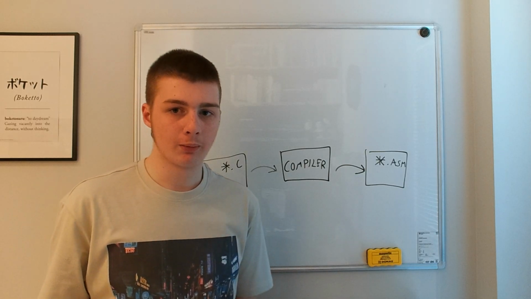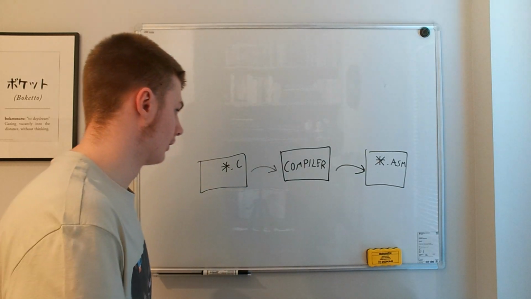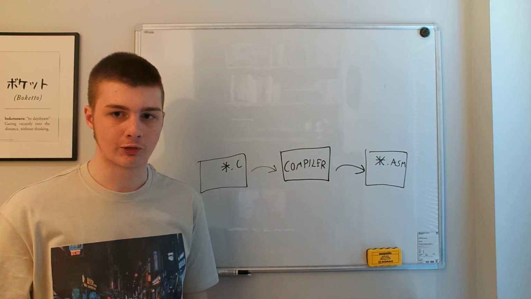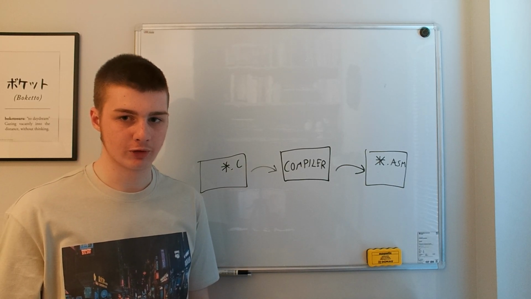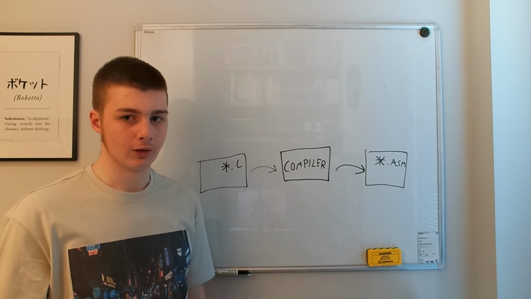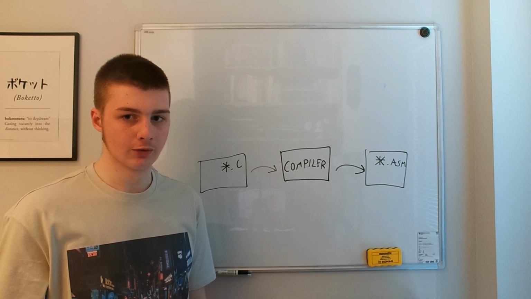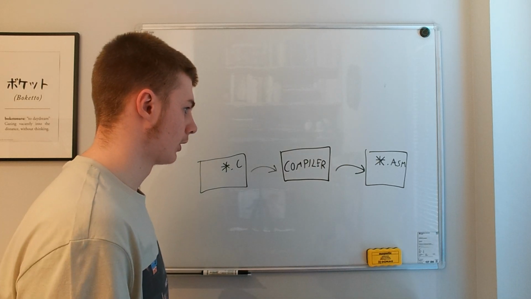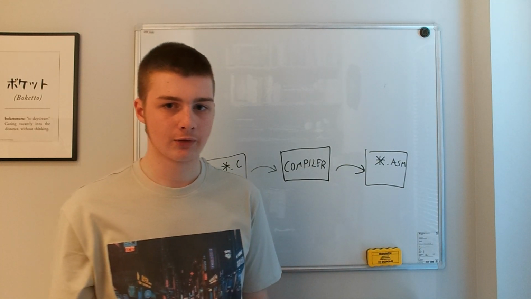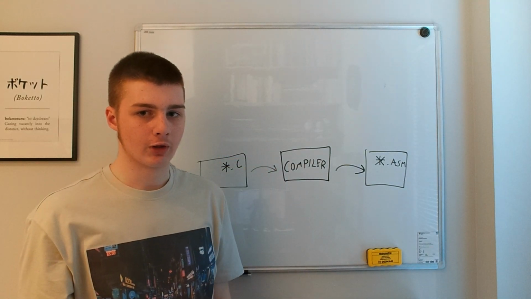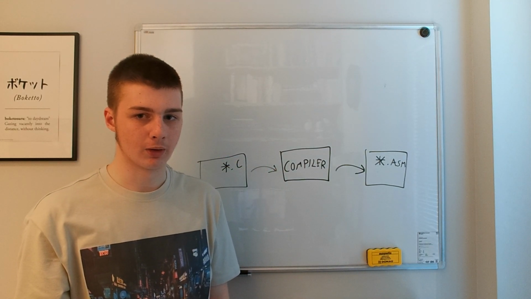So what that really means is you have some source which can be independent of the hardware that it's in. It can be logical for a human to understand. It can be relatively simple. And what you end up with is a set of different instructions that have to be performed by an actual processor.